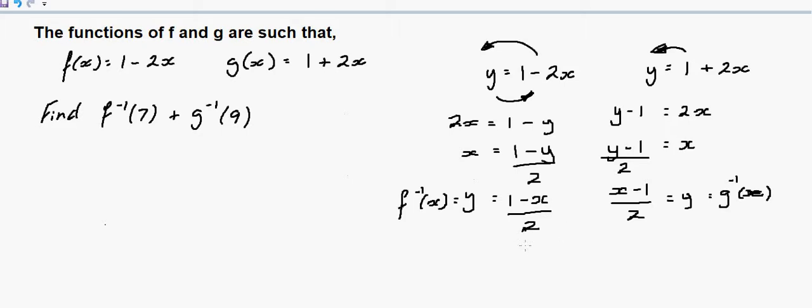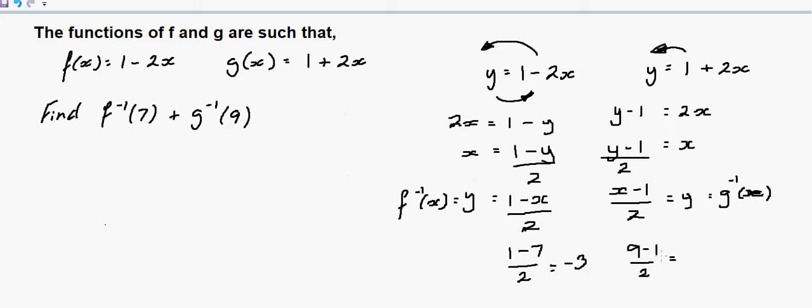Now to solve this part A, all we're going to do, and I'm sure you can do this, is substitute in the numbers. So we would have 1 minus minus 7 over 2, so that will give us 6 over 2... minus 3, and then 9 will be put in here, so 9 minus 1 over 2.